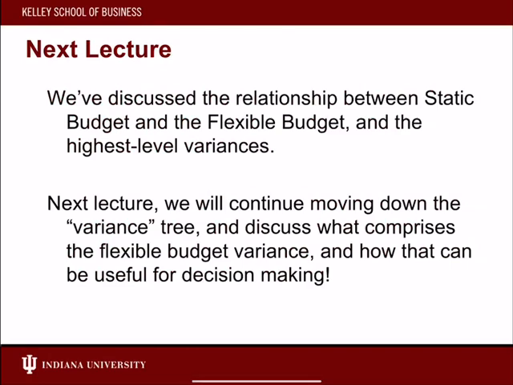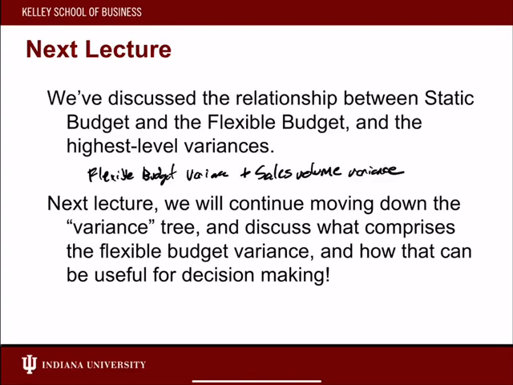So in this lecture, we really just learned the relationship between the static budget and the flexible budget and the two highest level variances. Those two highest level variances are the flexible budget variance and the sales volume variance.